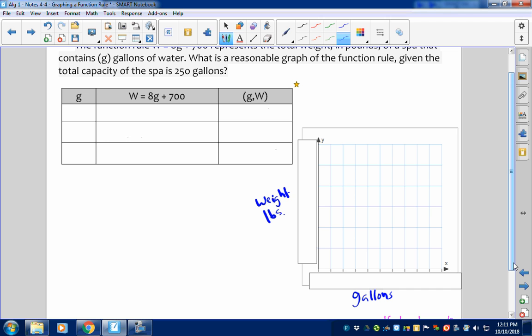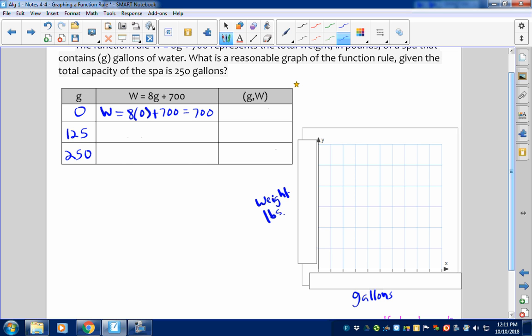So if the capacity of the spa is 250 gallons, you could start at 0, end at 250, maybe use the 125, which is halfway in between. You know, how much would it weigh if you had it half full? And then we go ahead and plug in these values for G. So W equals 8 times 0 plus 700 equals 700.